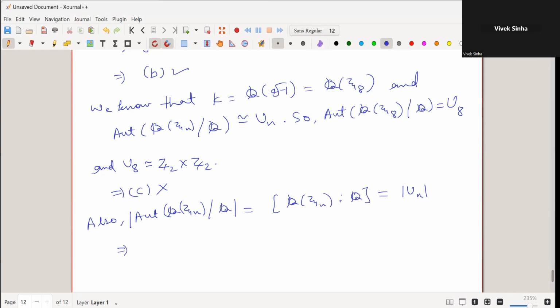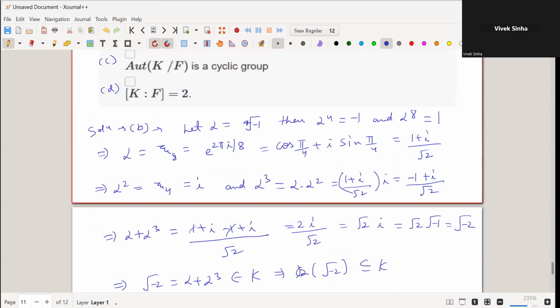This implies that the degree of Q zeta 8 over Q is the same as the order of U8, which is 4. So D is also wrong, because option D says it's 2, but it's actually 4. Okay.